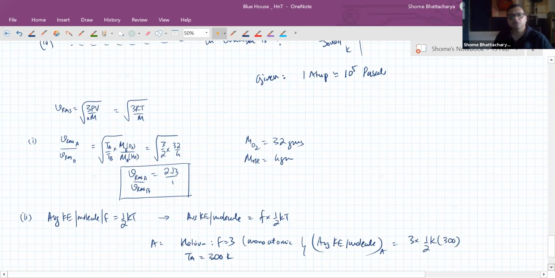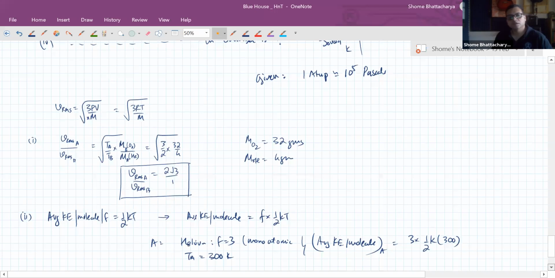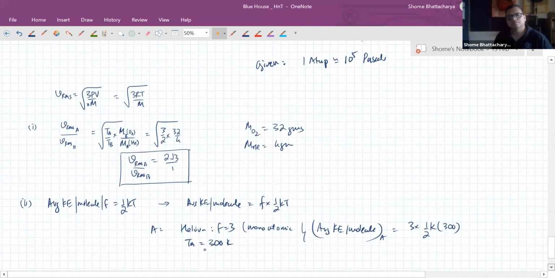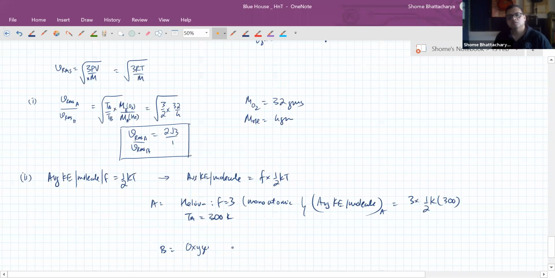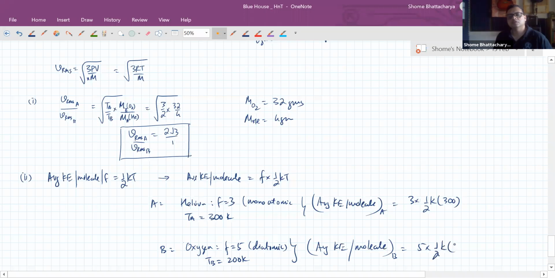Similarly, in chamber B now, we have oxygen. So degrees of freedom is 5, diatomic, and it's at temperature of 200 Kelvin. So the average kinetic energy per molecule for the gas in chamber B will be 5 times half kT.